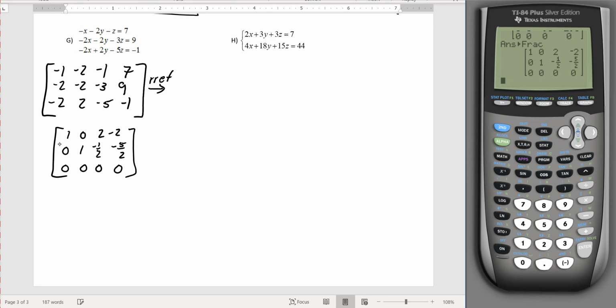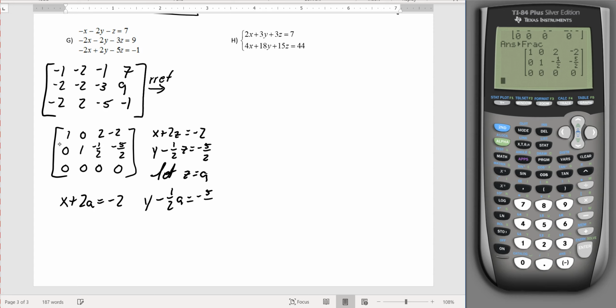So what equations do we get from that? We get x plus 2z equals negative 2, y minus 1 half of z is negative 5 halves. And we'll say let z equal a. So x plus 2a is negative 2, y minus 1 half of a is negative 5 halves, and z, of course, equals a.